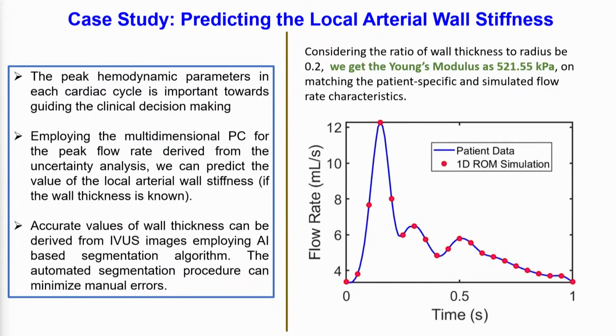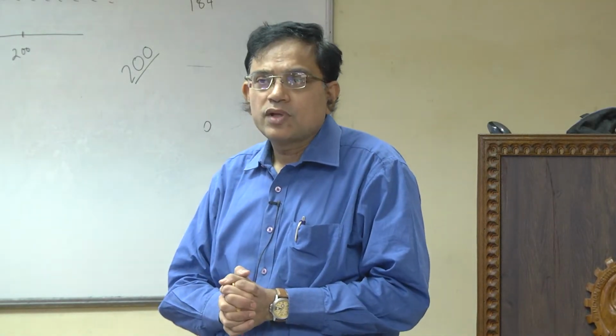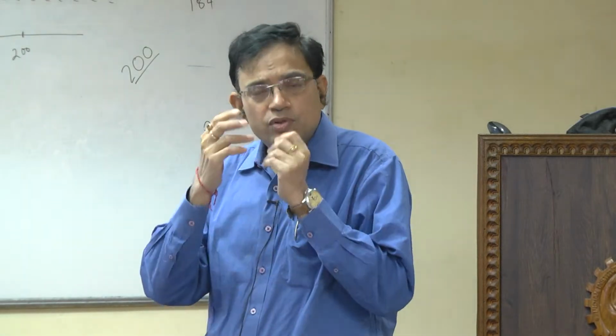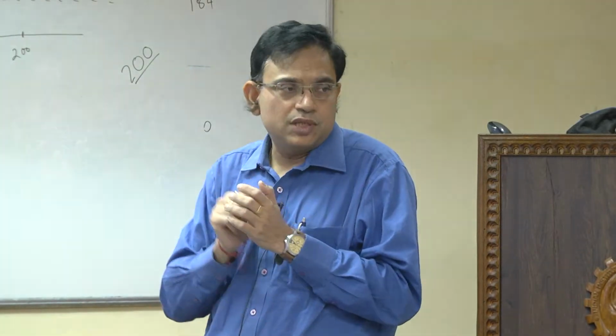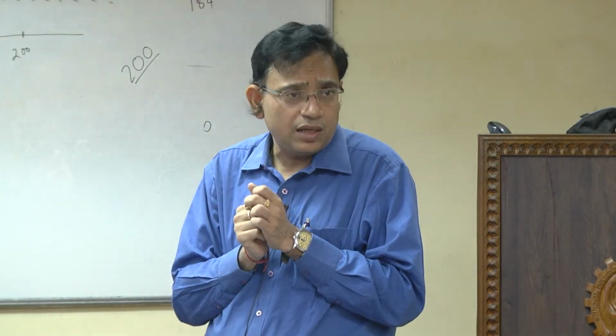So, now the interesting question. If someone tells you that, let us say we do not have any uncertainty in the thickness of the blood vessel, because that has uncertainty, but not as serious as the Young's modulus.